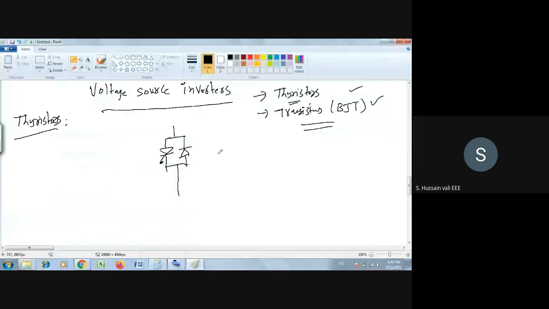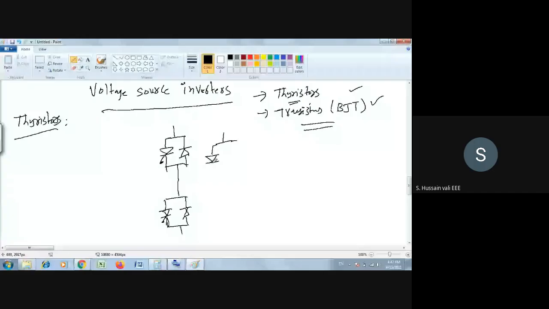So first you have single phase bridge inverter. First you will have 4 thyristors, and every thyristor is associated with a diode. The diodes are required for the freewheeling conduction. So single phase bridge you will have 4 switches. I hope you know this thing. Now I'm taking it as a thyristor. So every thyristor has an anti-parallel diode for the freewheeling action.